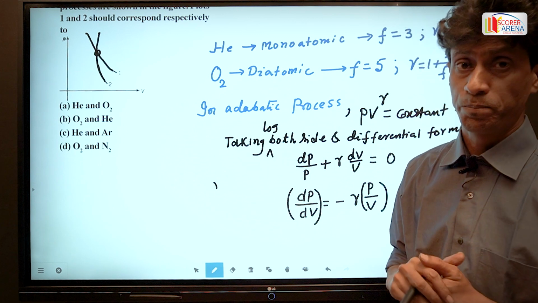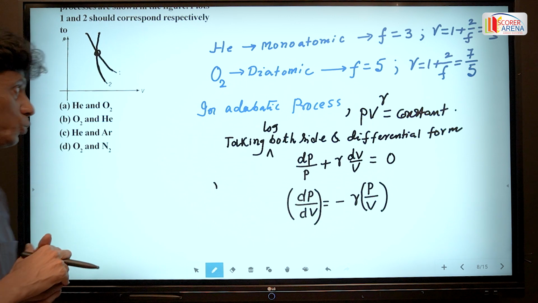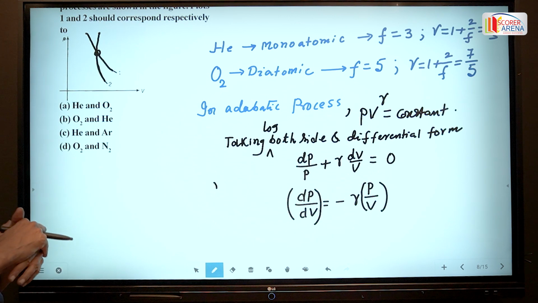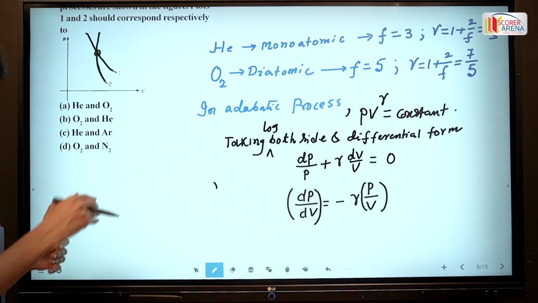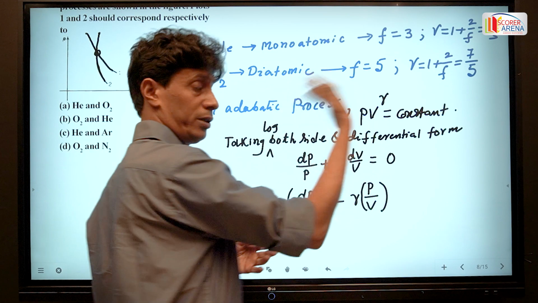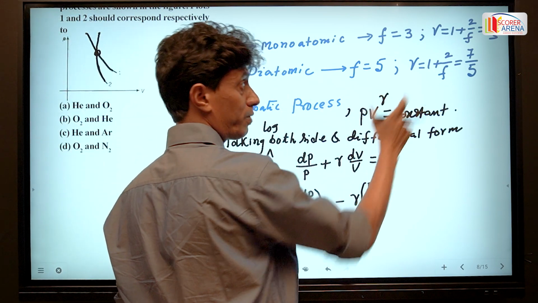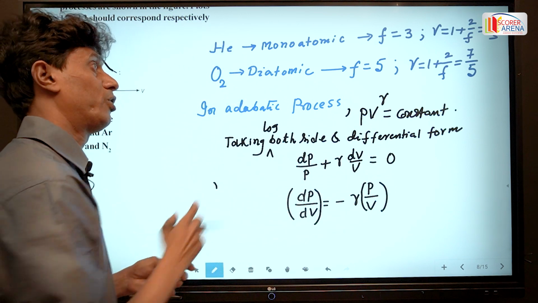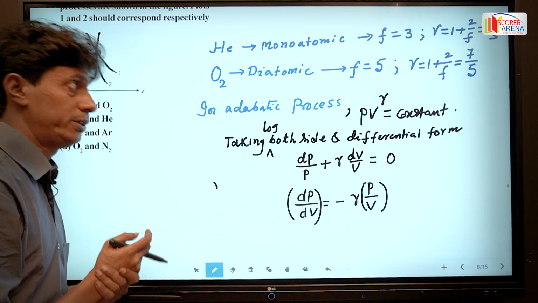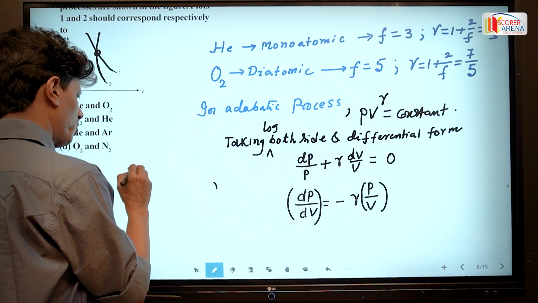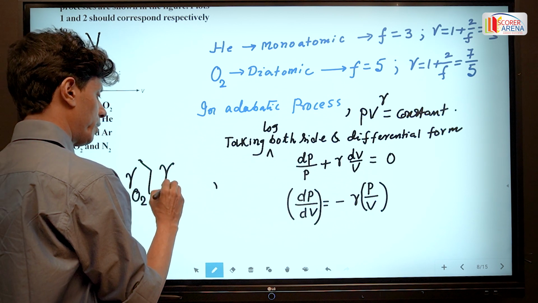So since graph 2 is stiffer, it should correspond to the gas having the greater gamma. For diatomic gas, the value of gamma is 7 by 5, and for monatomic gas, gamma is 5 by 3. So gamma for diatomic gas is greater than the gamma for monatomic gas.